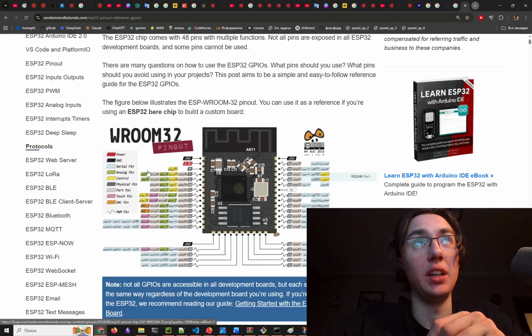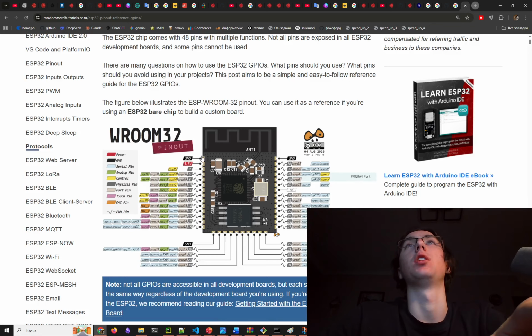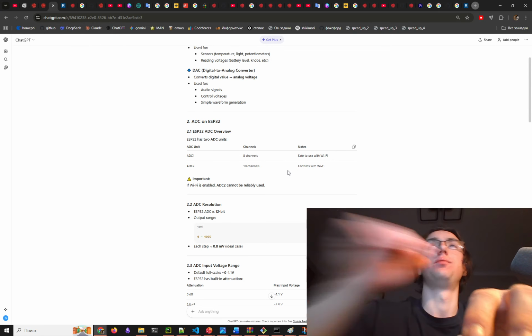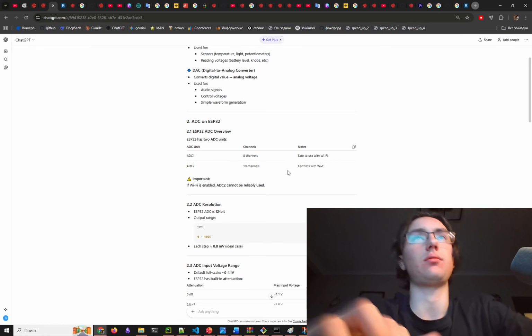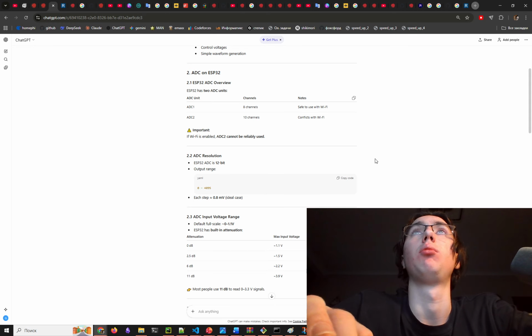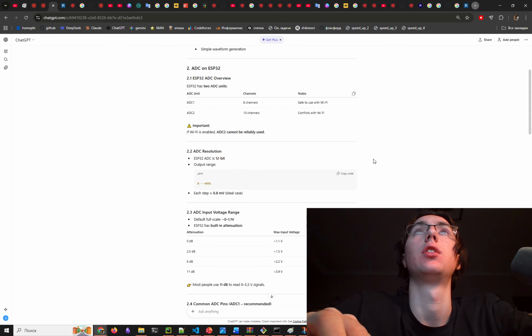There are also some ADC pins. Okay, we'll ask about it. If Wi-Fi is enabled, ADC2 cannot be reliably used. Interesting.